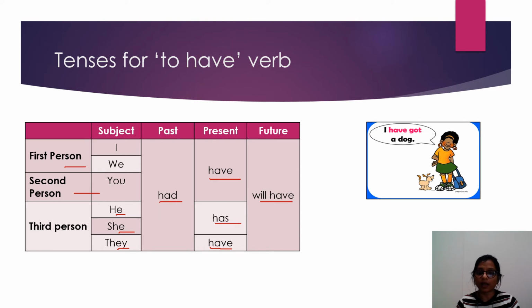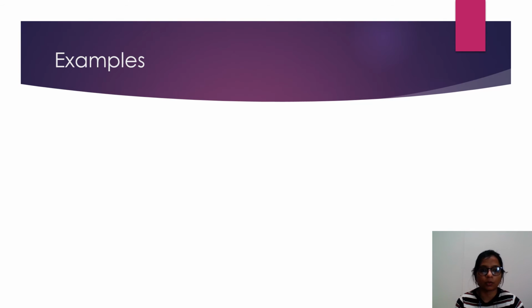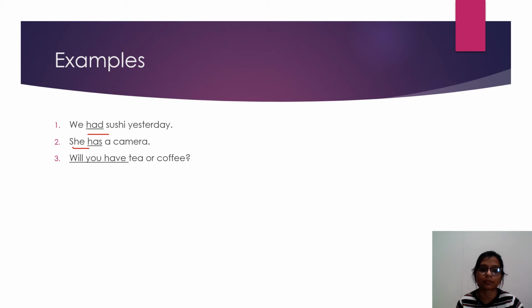Okay, now let us take a look at some of the examples for the verb to have. So now we will take a look at the examples. We had sushi yesterday. For the past tense, we use had always with all types of subjects. She has a camera. For present tense, third person, singular noun, we use has.